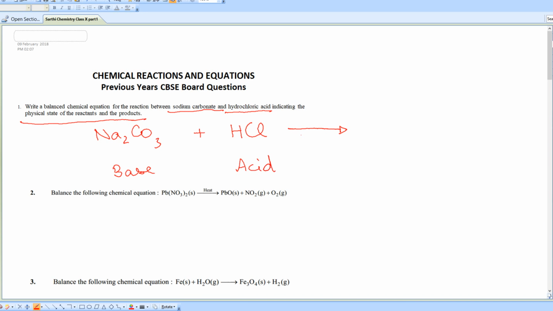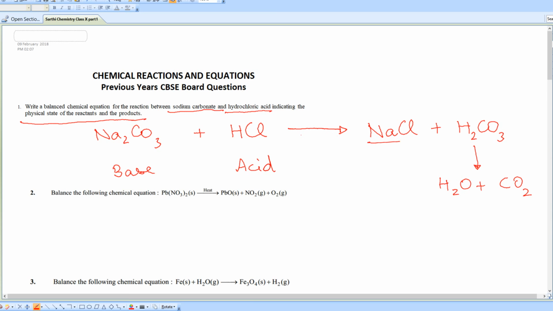So actually it will be a neutralization reaction. So we get NaCl plus H2CO3. Now this H2CO3 further disintegrates into H2O plus CO2. So ultimately the products we get are NaCl, H2O and CO2.